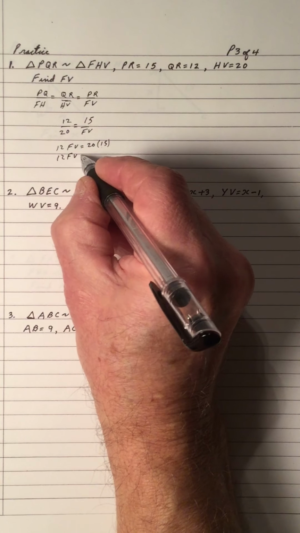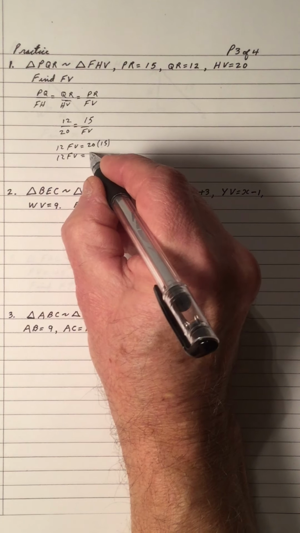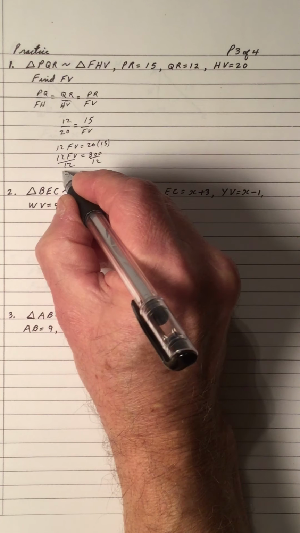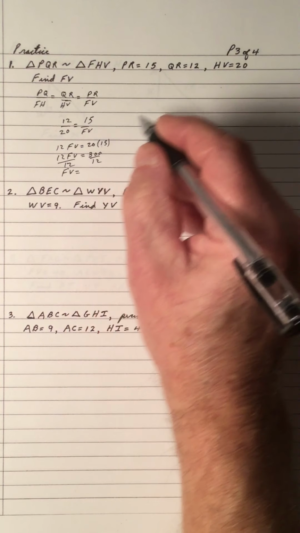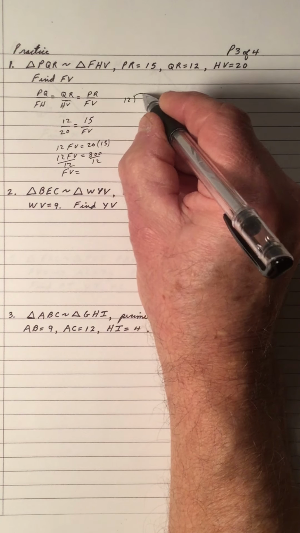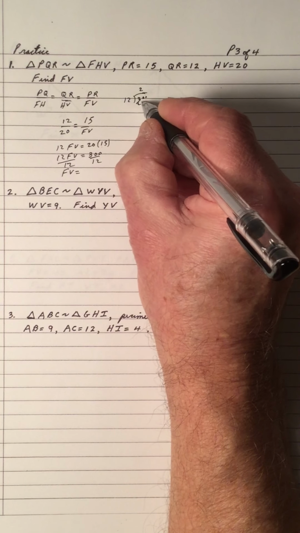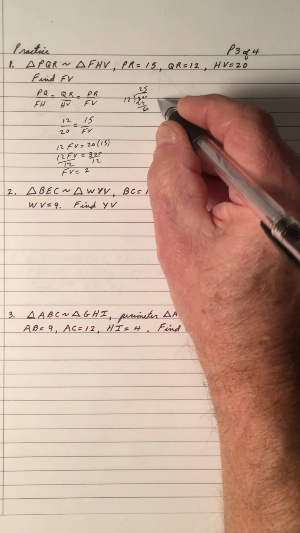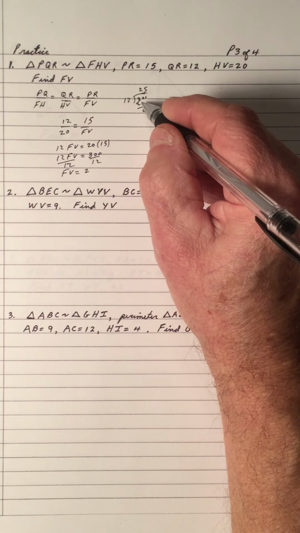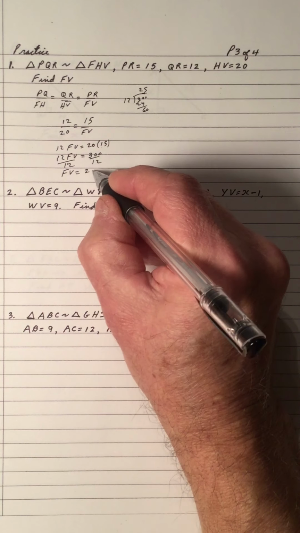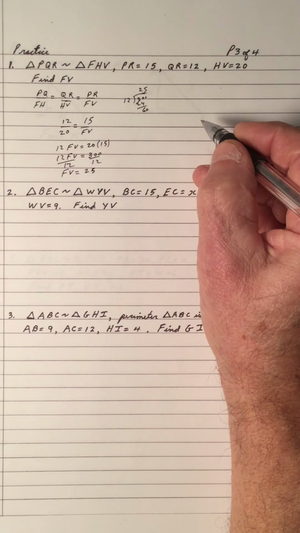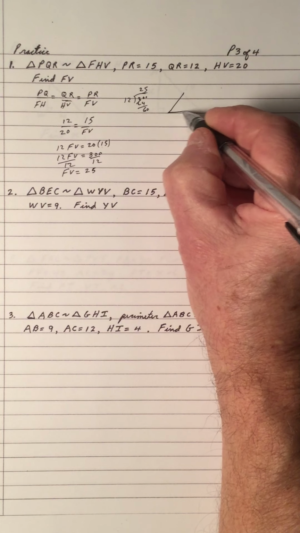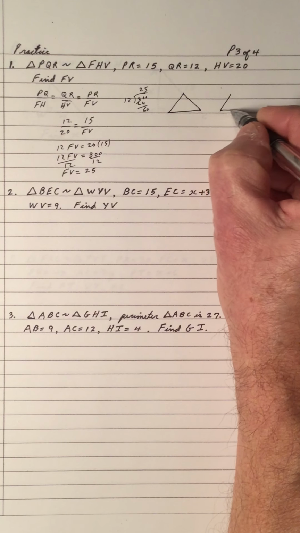So 12 FV is 15 times 20, which is 300. And so we've got to divide by 12. What's 300 divided by 12? 12 into 300, 24, that's 60, so it's 25. Yep, so FV is 25. Now, a quick reminder, you could have done it with your triangles.